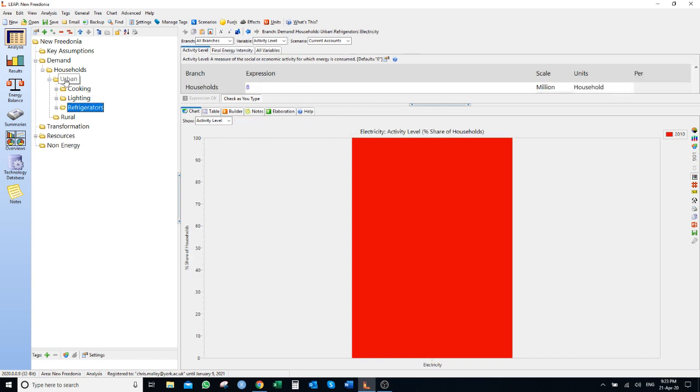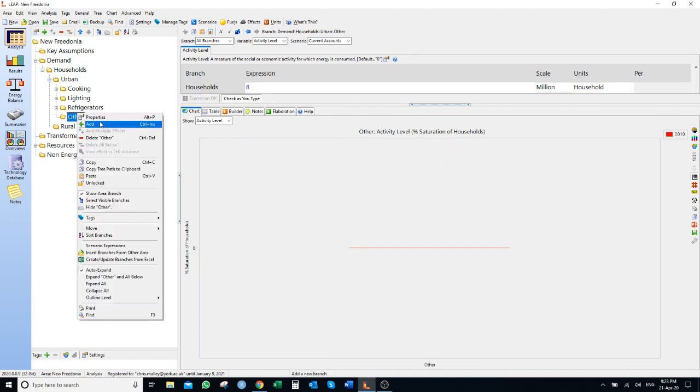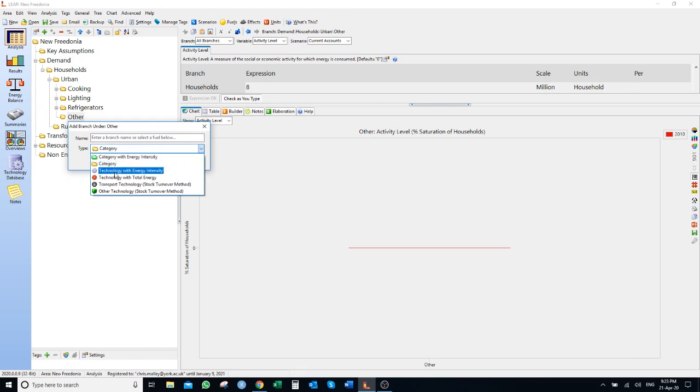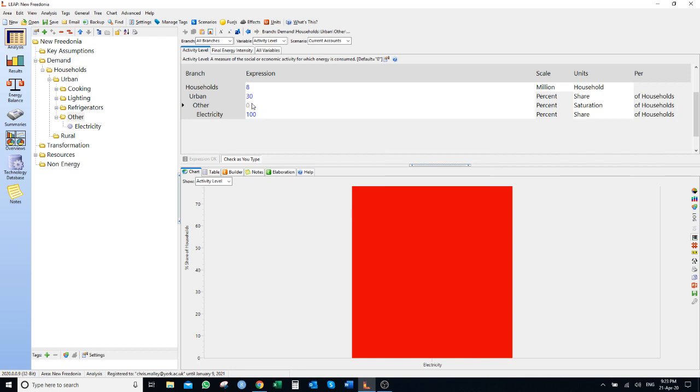So finally, for urban households, we then have other appliances. So I have an other category. And the technology here is electricity, for TVs, for computers, fans, etc. And here again, we have 100% saturation.